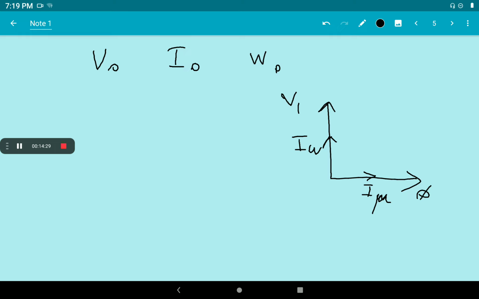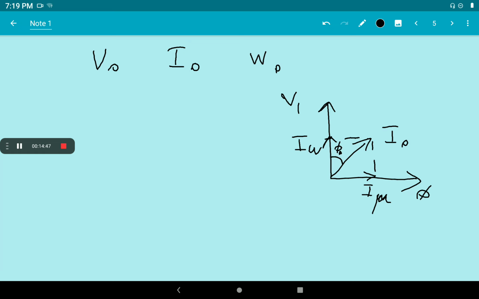The vector sum of these two is I0. We have studied these no load characteristics, how we find I0, and the angle between the no load current and voltage is phi 0 on no load condition.